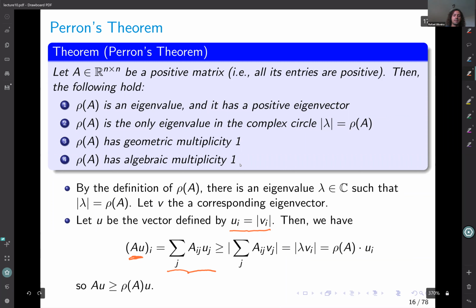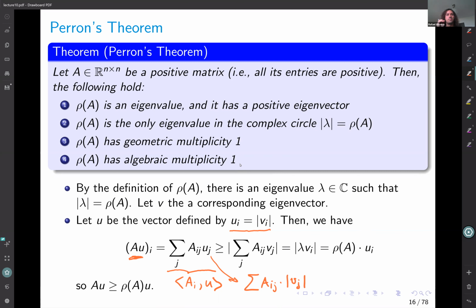Now, Uj is the absolute value of Vj, so the sum is the sum of Aij times the norm of Vj.